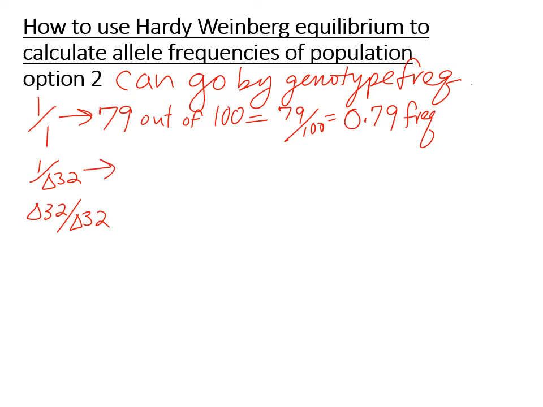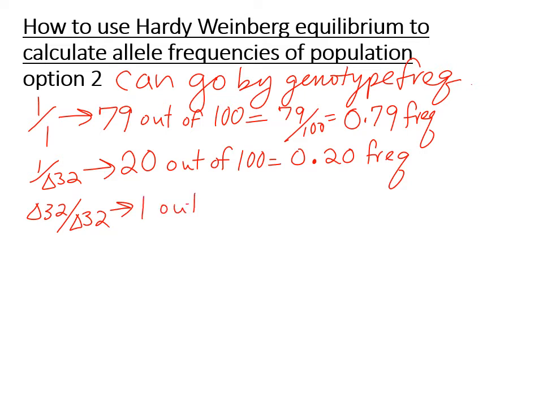The second genotype, we said, was 20 people out of 100 had that one. So you do 20 divided by 100, which gives you 0.20 frequency. And the third one, we said 1 out of 100.